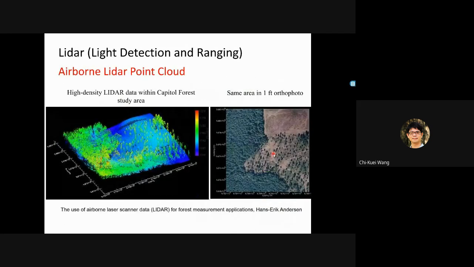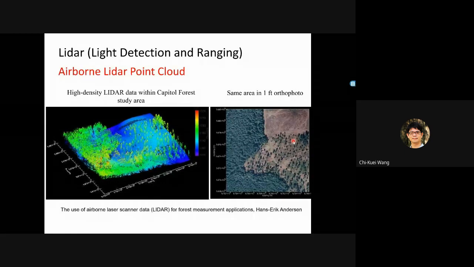I'll give you more examples. Again, this left figure I showed before is the vegetated area. You see the ground, the single trees here, and a dense vegetation here. On the right-hand side, it shows the orthophoto.